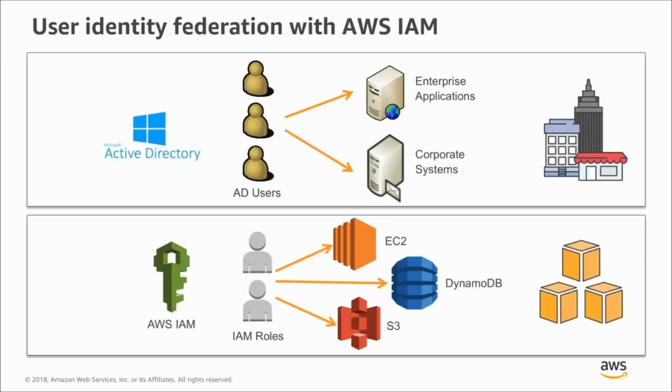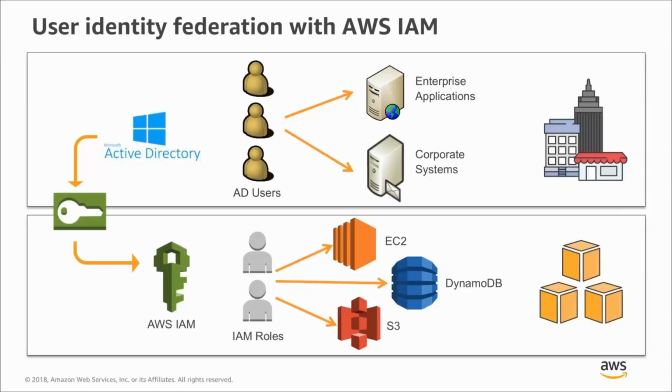Another really common thing that we see people do with their Active Directory is federation, and they do this with Active Directory Federation Services. There are other partner solutions like Okta and Ping Federate, but really any SAML 2.0 IdP solution can federate with AWS.